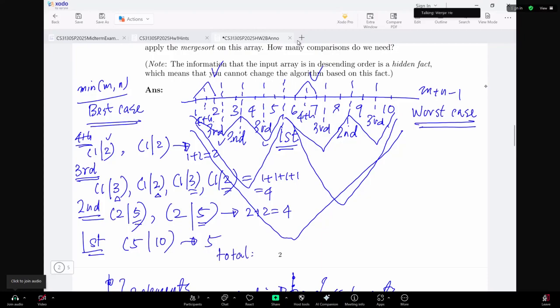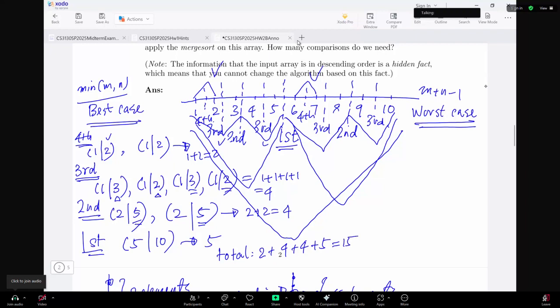Now the total: you add round 4, you have 2. Round 3, you have 4. Round 2, you have 4, and the last round you have 5. What's that? 15.